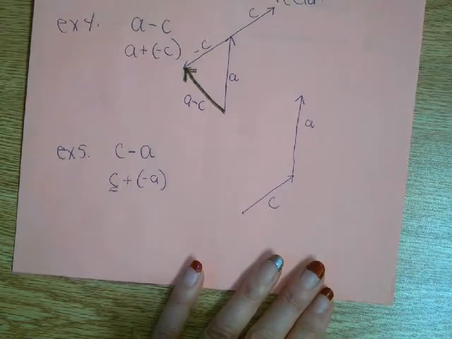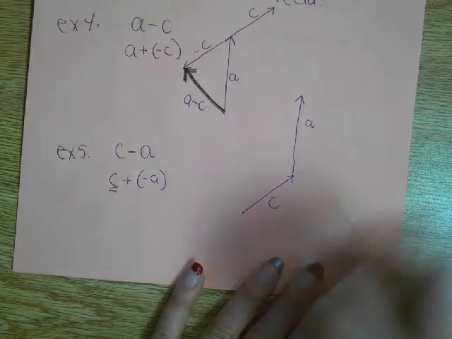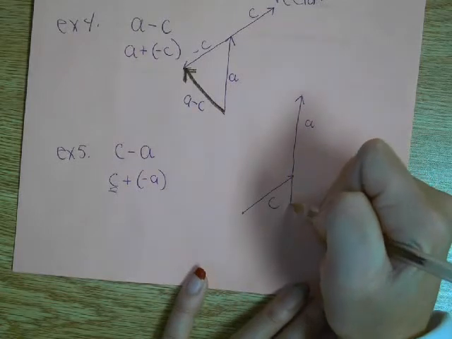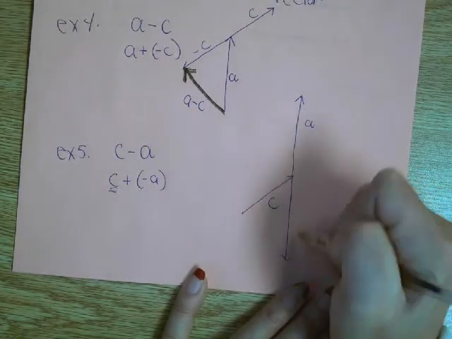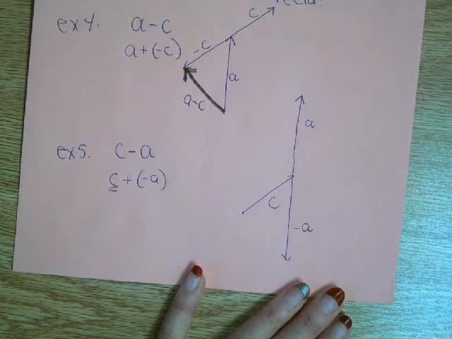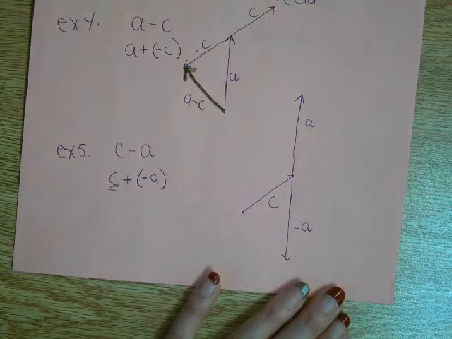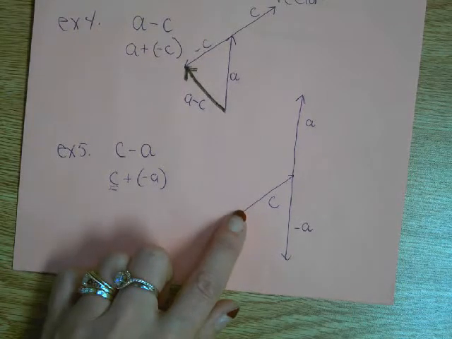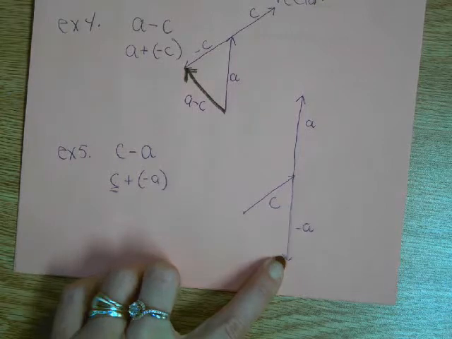So that means the opposite of A goes 180 degrees in the opposite direction. So C minus A, remember, I started at C, and I go to the arrowhead of the one I stopped at.